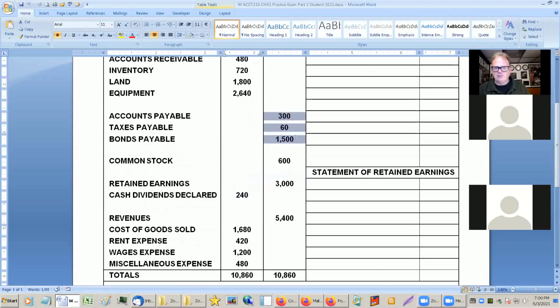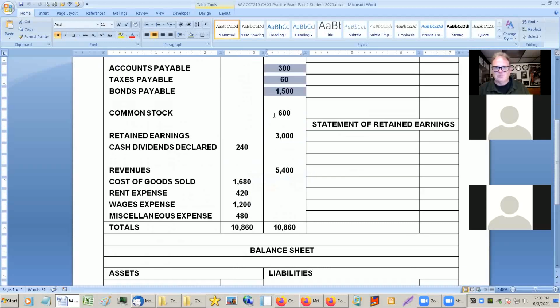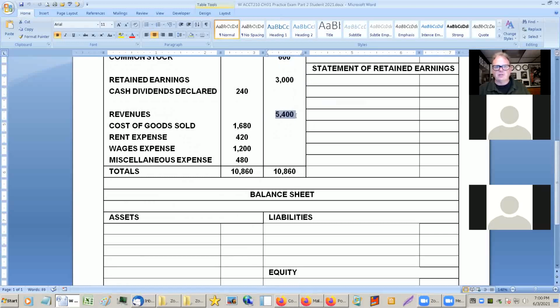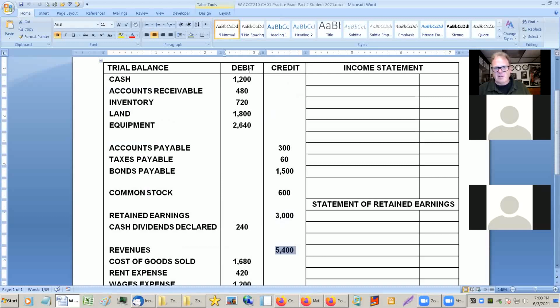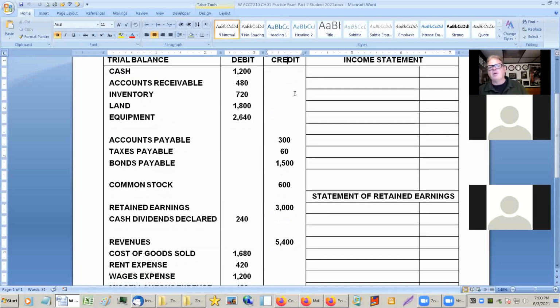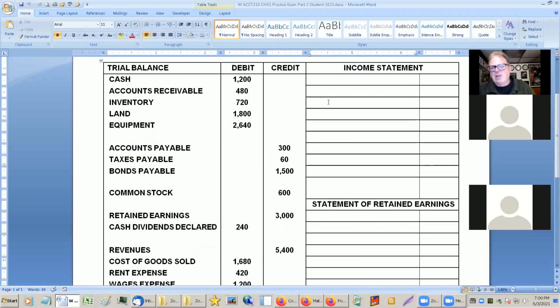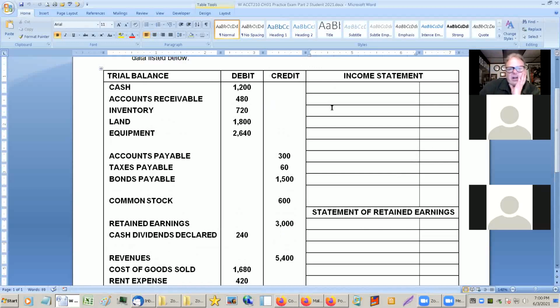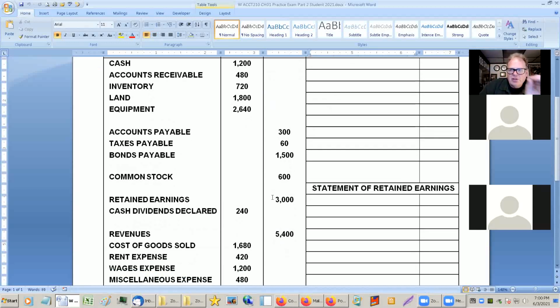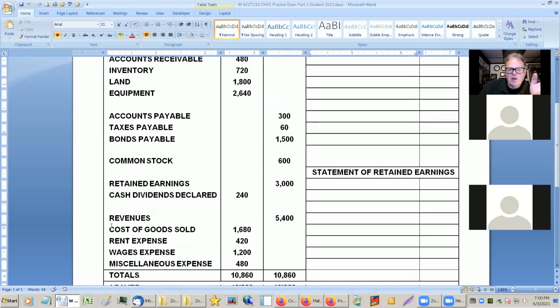You can borrow money, sell stock, or sell something and have revenues. So debits are money you pay out and credits are money coming in. You don't need to know that for this class, but that's how these are broken up. We'll talk more about this next class, but for right now we're just using the numbers. At this point, it doesn't really mean anything to us.